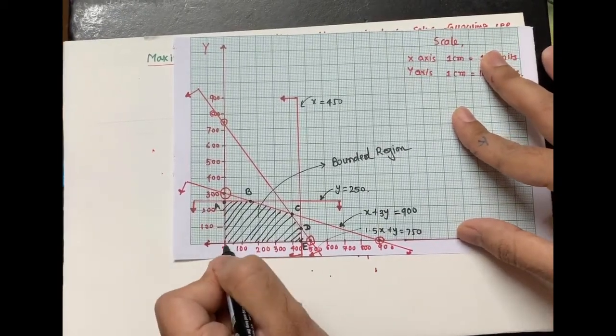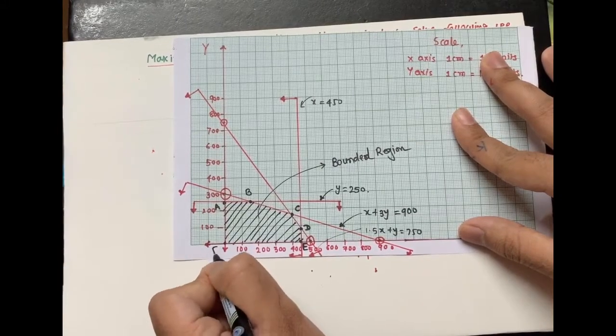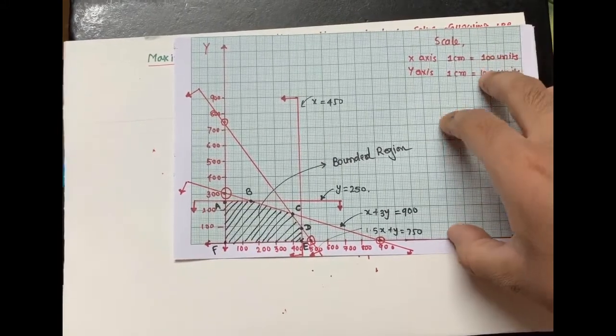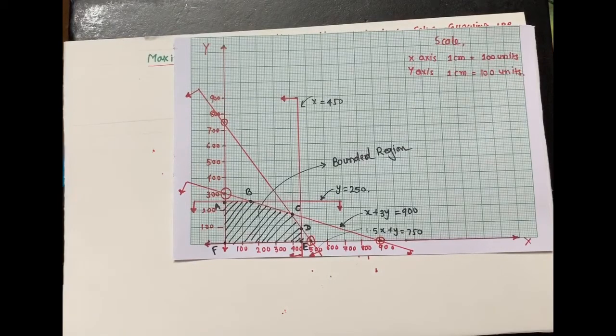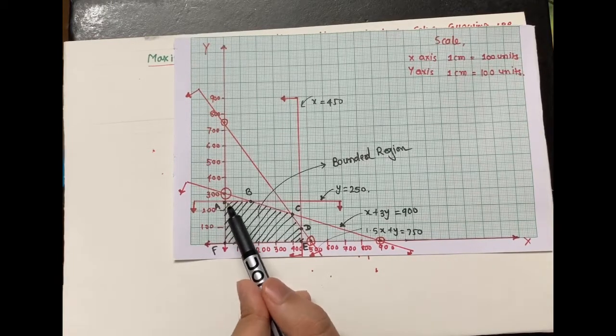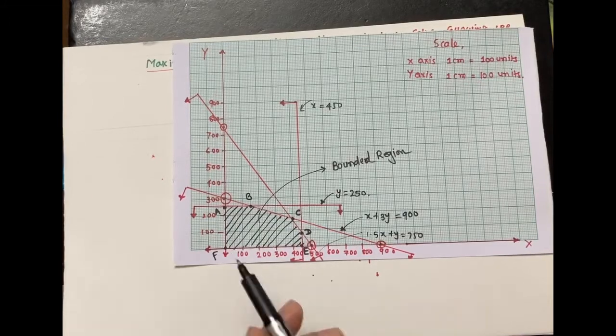Even I got the 6th point F, but that is the origin. Origin will give me a value of 0, 0. So totally I have got 6 points of this polygon: A, B, C, D, E and F.